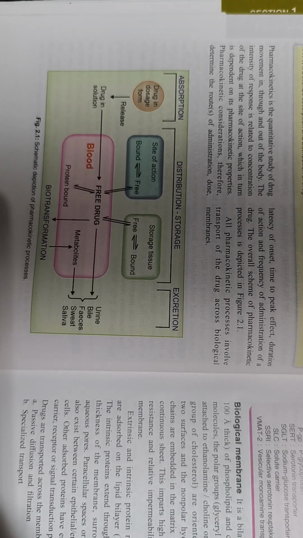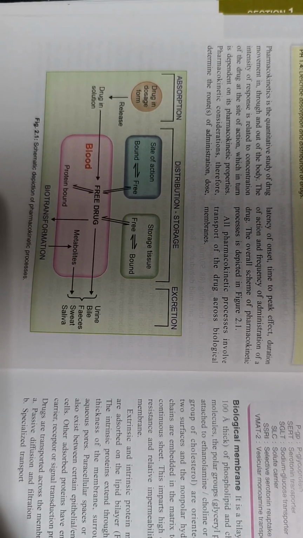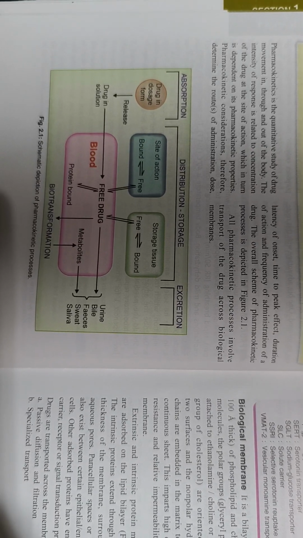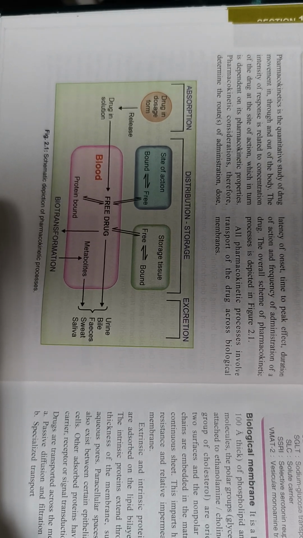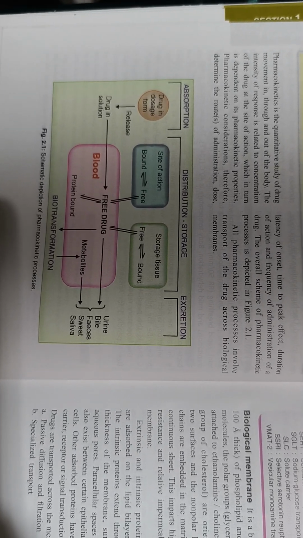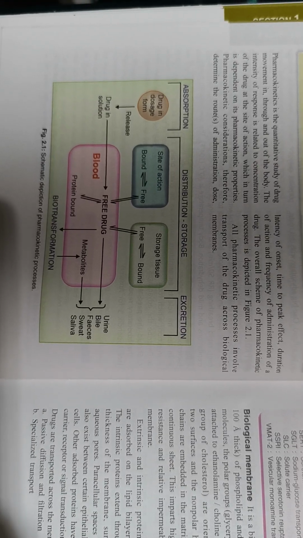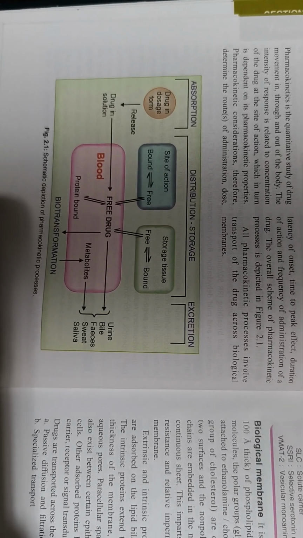The overall scheme of pharmacokinetic processes is depicted in Figure 2.1: absorption, distribution, storage and excretion. Drug in dosage form releases drug in solution, which goes into the blood, where the free drug binds to protein.